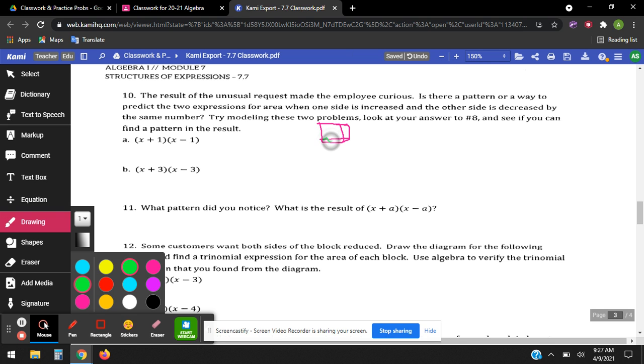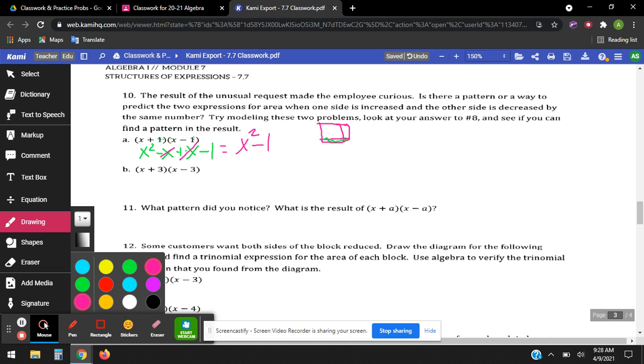So let's take out this guy. And so if we write this out, we end up with x squared minus x plus x. 1 times negative 1 is negative 1. So that equals x squared, these two cancel, minus 1.